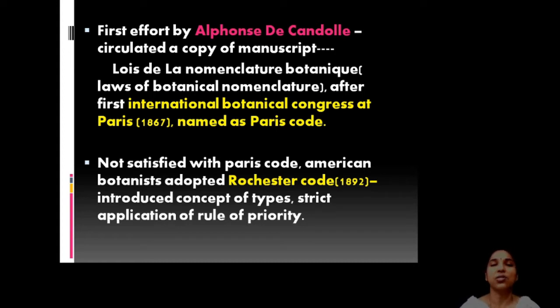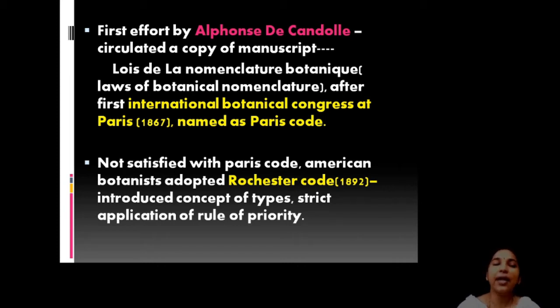This meeting is known as the International Botanical Congress. Its first meeting was held in Paris in 1867 and is known as the Paris Code. In that, Alphonse de Candolle discussed this first.